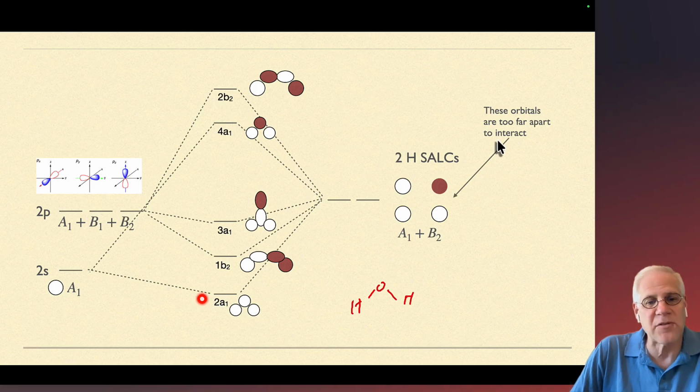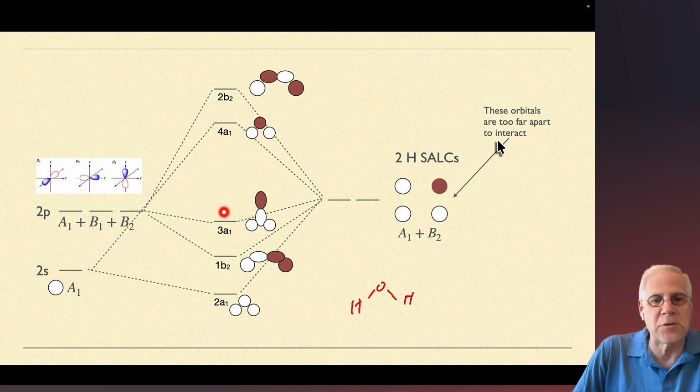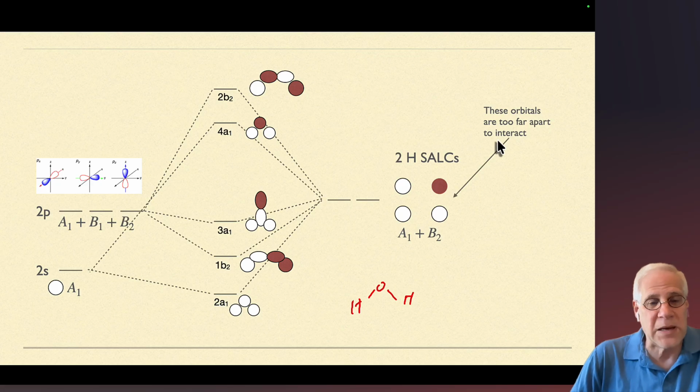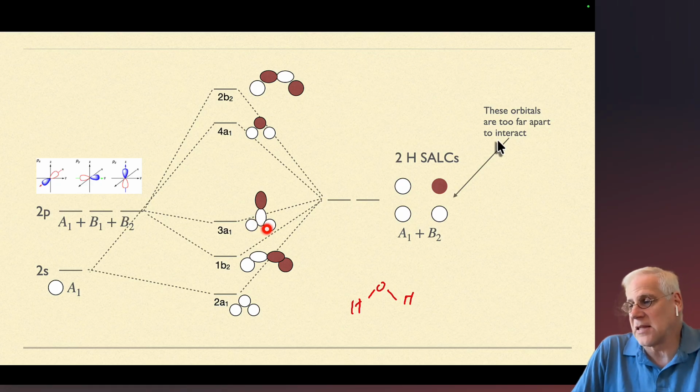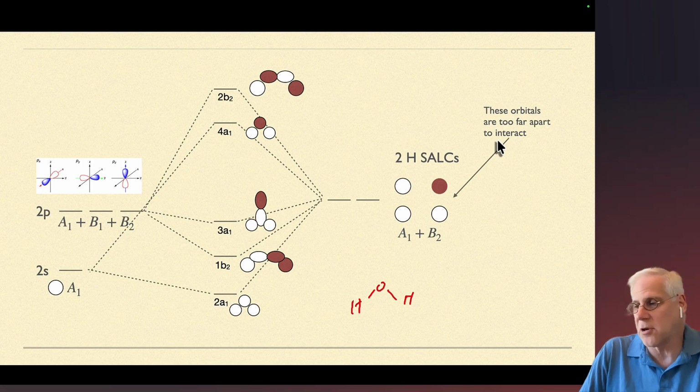The bulk of that electron density is going to be in the low energy here. So this is an extremely low bonding orbital. We actually represent this as a non-bonding orbital and it represents one of our lone pairs on water. It has just a little bit of S character. Calculations show that we just have a little bit of S character there.